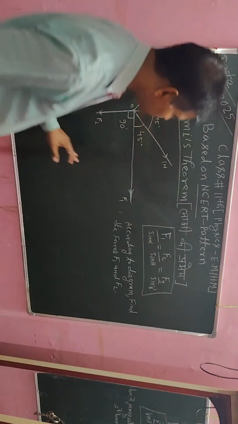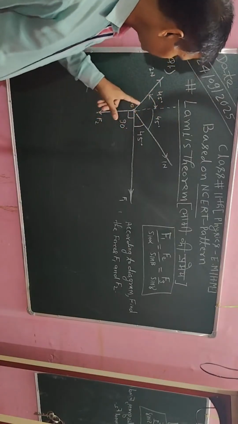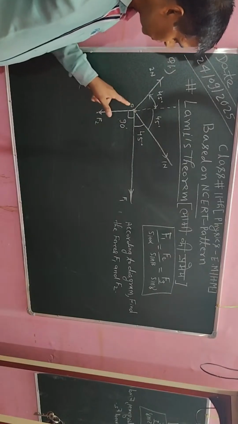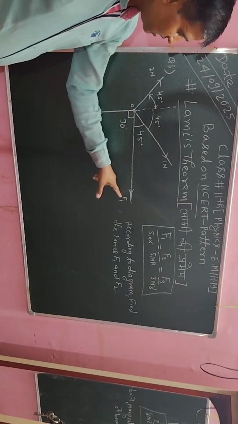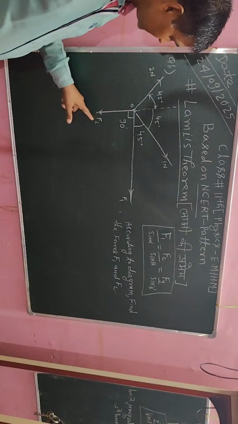So this is the question. In the question one figure is given, and that figure I have drawn here properly. One force along this axis I have written F1, and along the negative y-axis I have written F2.